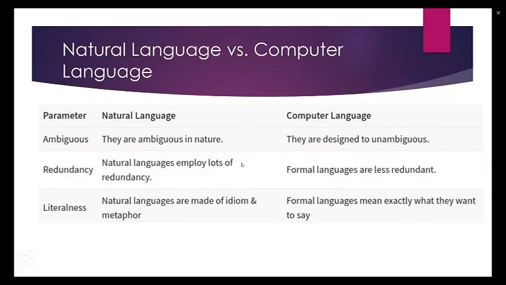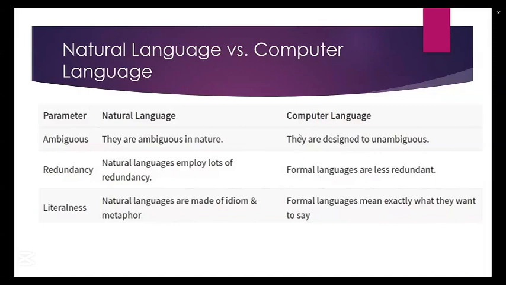On the redundancy side, natural language employs a lot of redundancies, but when it comes to computer language, formal languages are less redundant. That's the other part. Likewise, natural languages are made for idioms and metaphors, but formal language means exactly what they need and what they want to say.